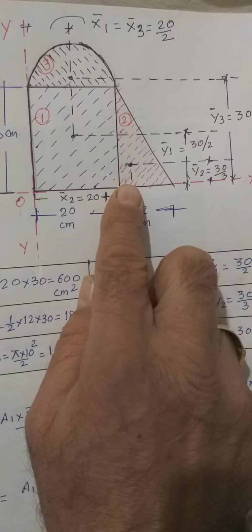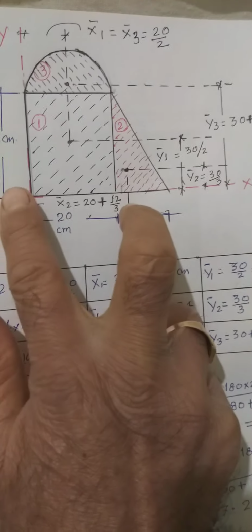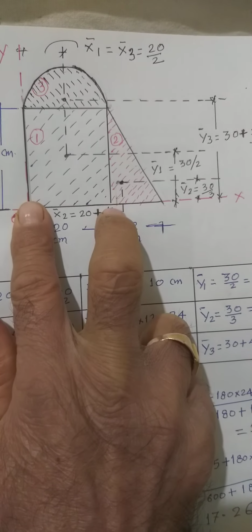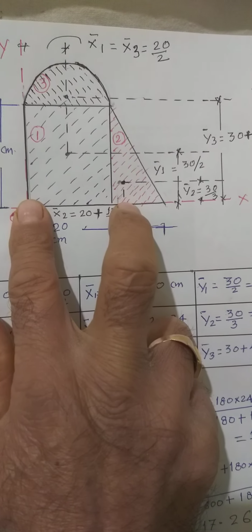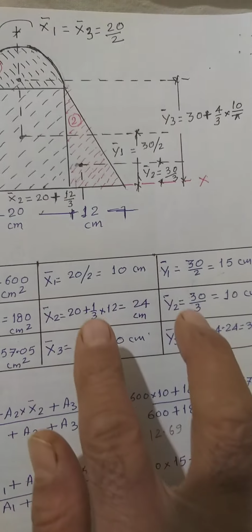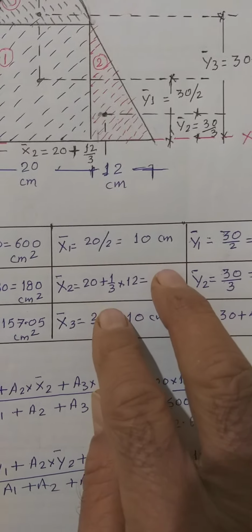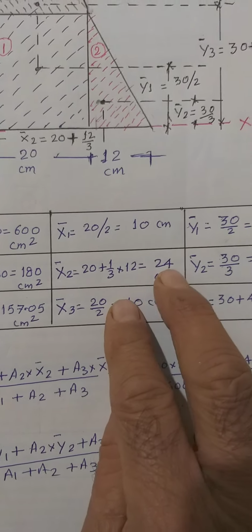But our CG starts from this baseline, so it is 20 plus 4, it comes out to be 24. Second will be 24.